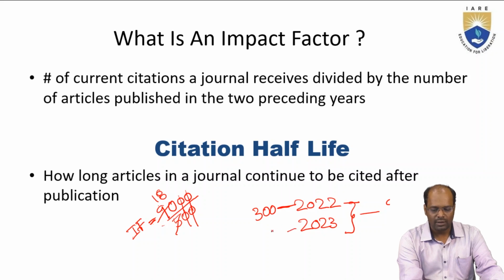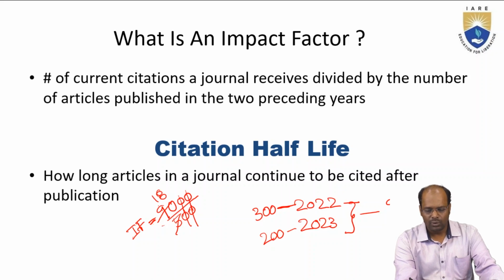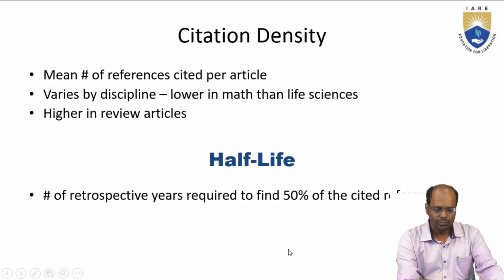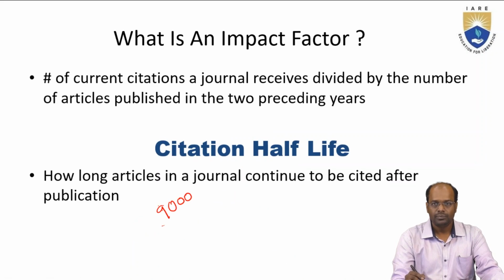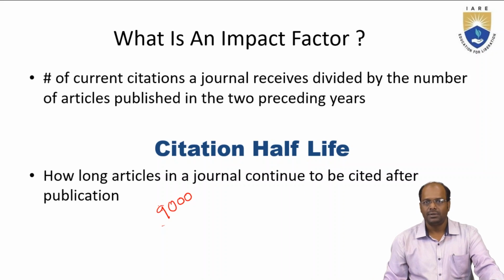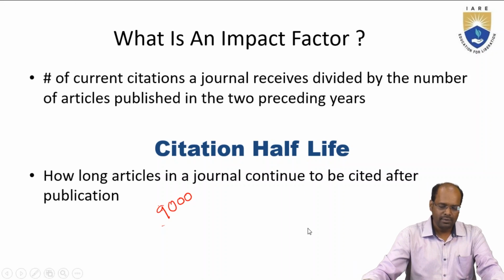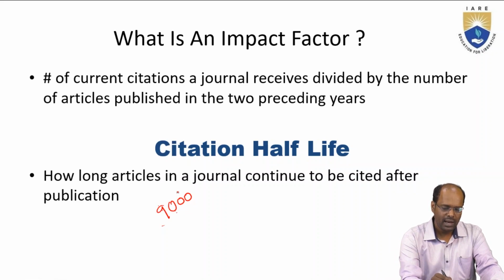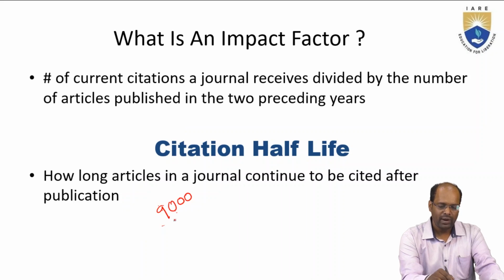In 2023, it published only 200 articles. So total 9,000 citations divided by 500 articles, since 300 plus 200 is equal to 500. Based on this way, we are going to calculate the impact factor.